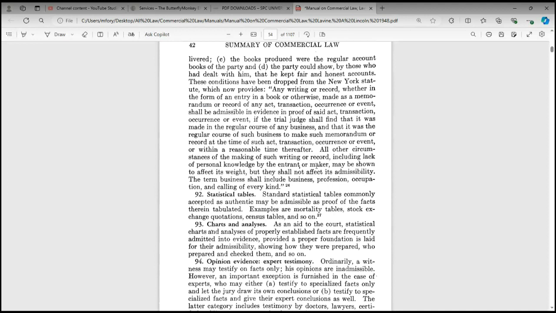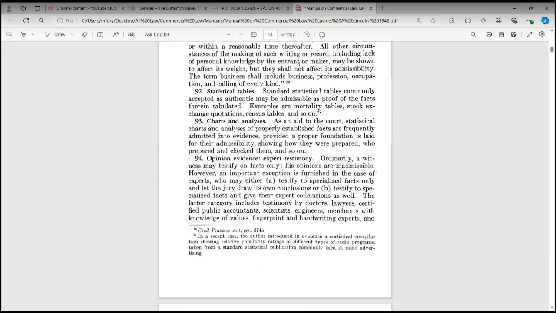So they could attack the maker, the writer of the book. Bias, whatever it is, that person could have been biased in one way or another writing it, among other things, probably. The term business shall include business, profession, occupation, and calling of every kind. I would want to read that.